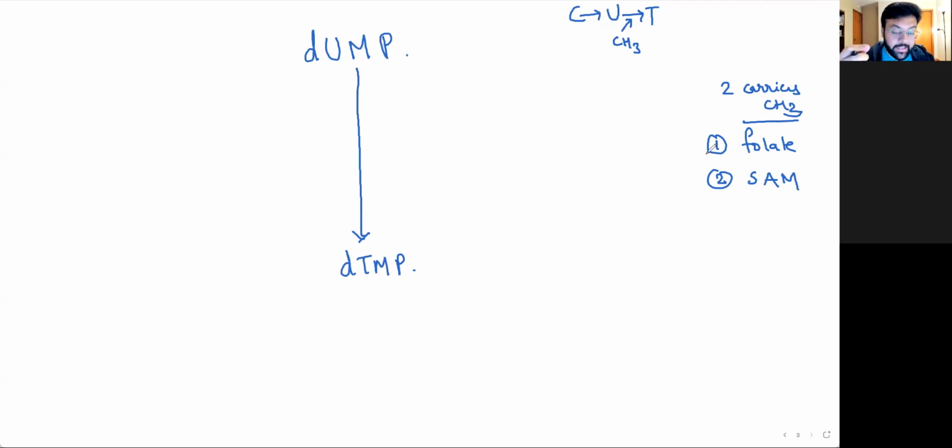Whenever I say next time, do you know one carbon reaction in biochemistry? Say yes. This is one carbon reaction. I'm donating one carbon here. There are two carbon donors in biochemistry we want to learn about. One is folate, which is a methyl donor, and the second one is SAM. Now, the way by which folate can donate its carbon or methyl, it has to have carbon by itself, right? So the type of folate which has carbon is called methylene tetrahydrofolate.